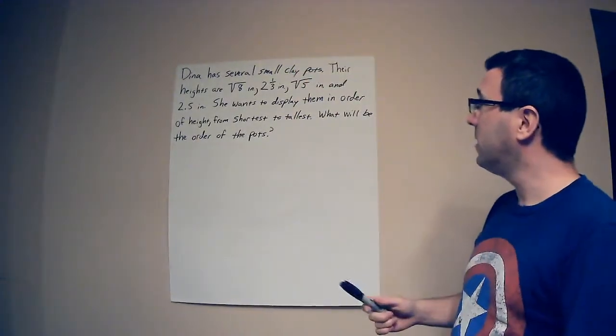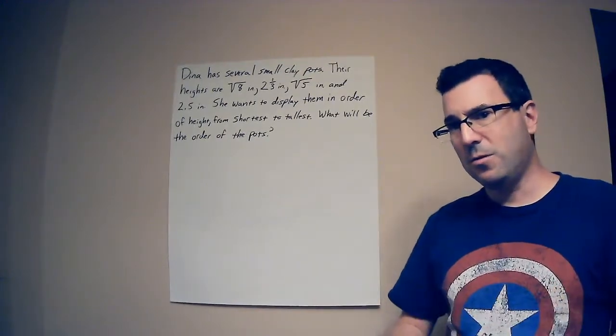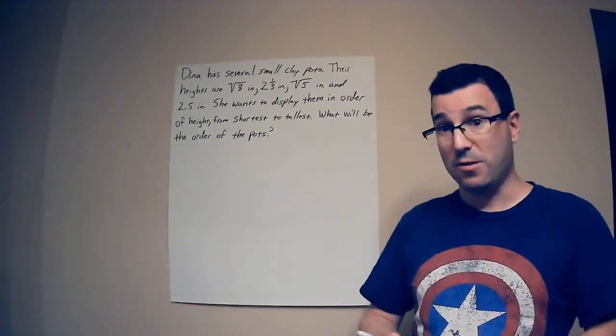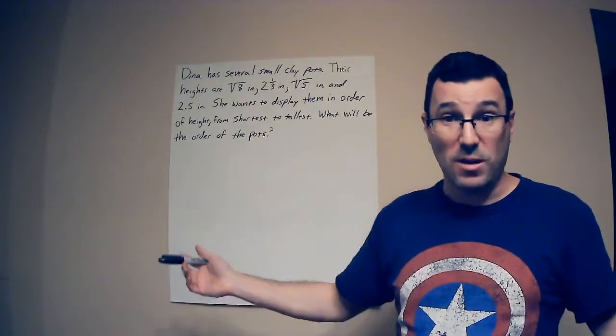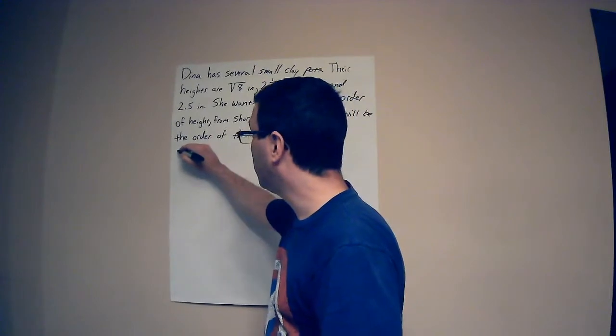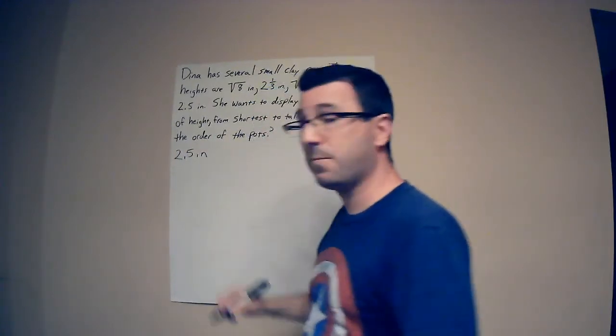So the first thing is, again, I want to change things so that they're all decimals. I'm going to start actually with the easier of the 4. I have 2.5. It's already a decimal. So I'll write it down. All right, I got 2.5 inches.